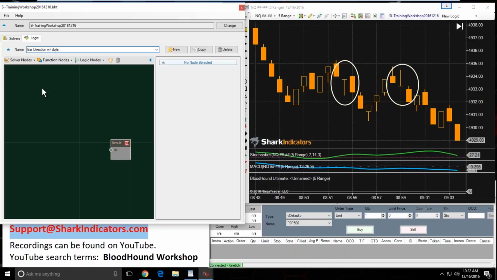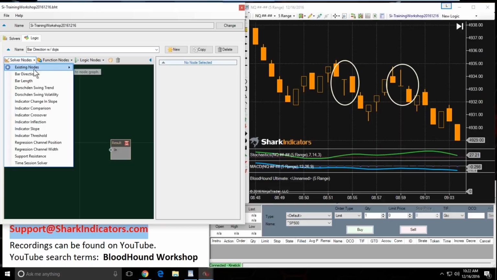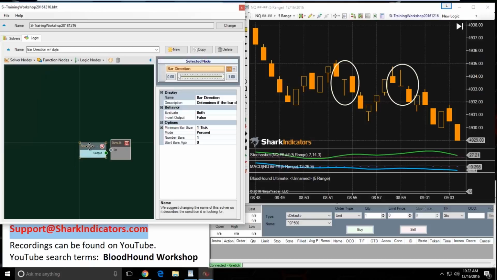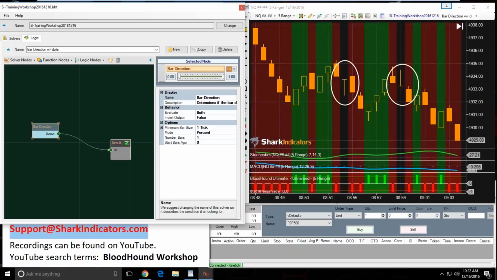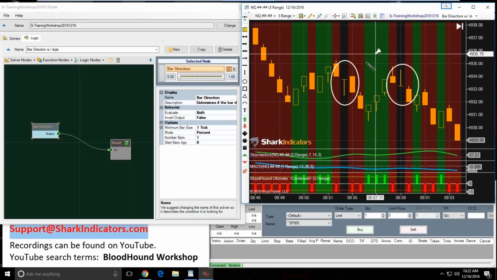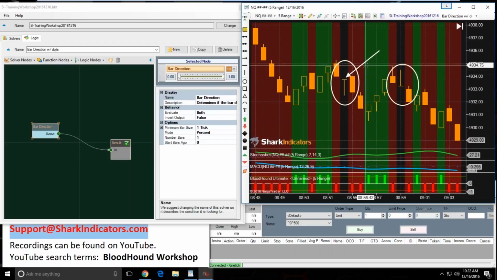Okay, I guess that's a good enough name. All right, so let's add our bar direction solver here. We got that part. That's the easy part. The next part is identifying these dojis here.